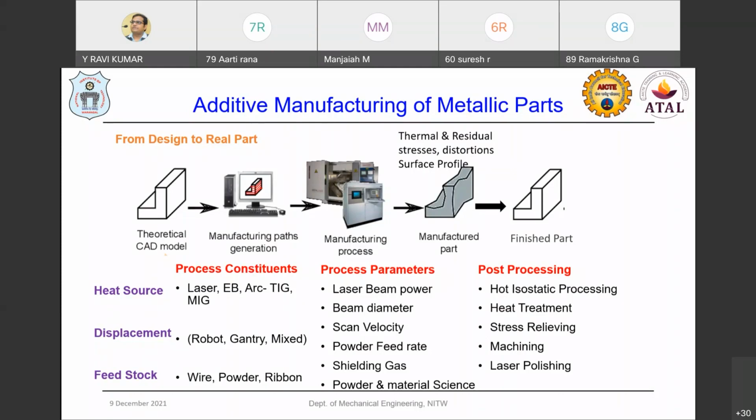In this process, from the design model to the real-time part, we are going to manufacture. You can see the theoretical design will be there, and till the finished part, we manufacture it with the additive manufacturing process. Whenever we design the CAD model, either based on an existing CAD model or our own idea, it can be made to functionalize the parts.